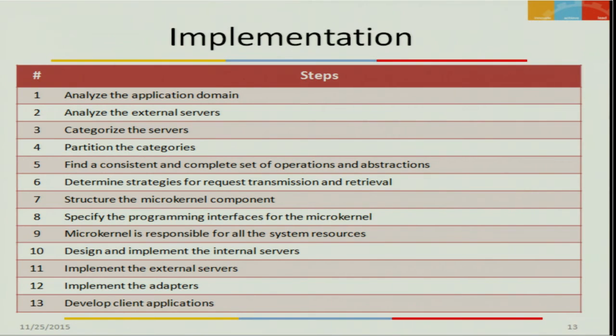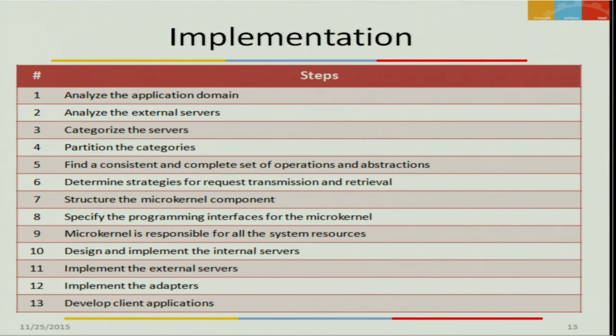So after having those categories identified, like memory management, I/O, process, and so on, here I have just shown only a few examples. After identifying those categories, the next step is to decide which set of categories belong to the microkernel and which set of categories belong to the internal servers. One of the heuristics, one of the rules that you can use, is the concept of frequency of use.